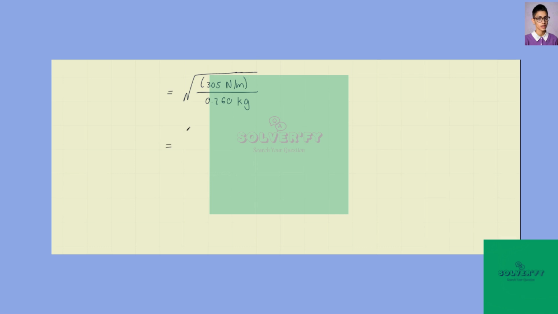So we get the angular frequency of oscillations to be 34.25 radians per second.